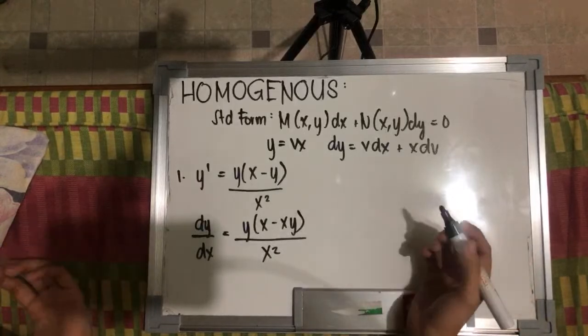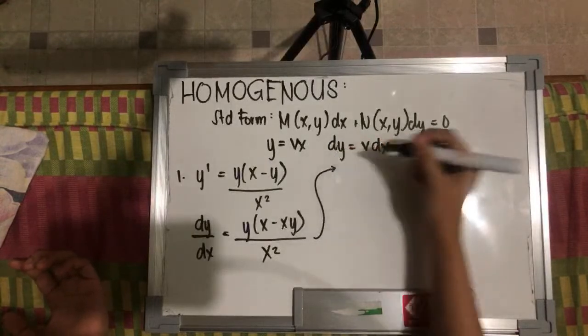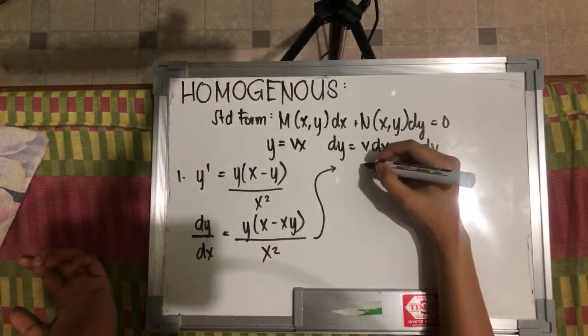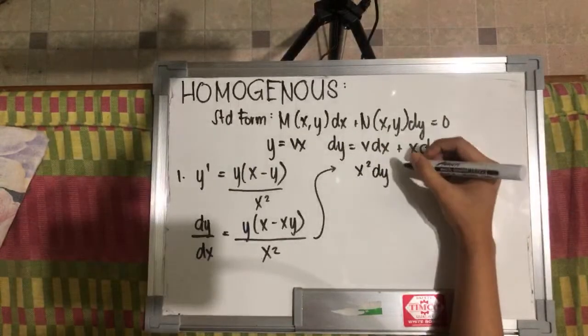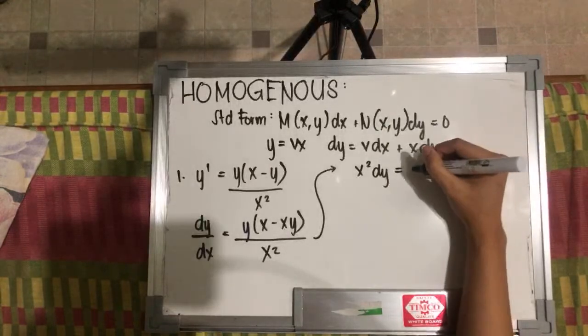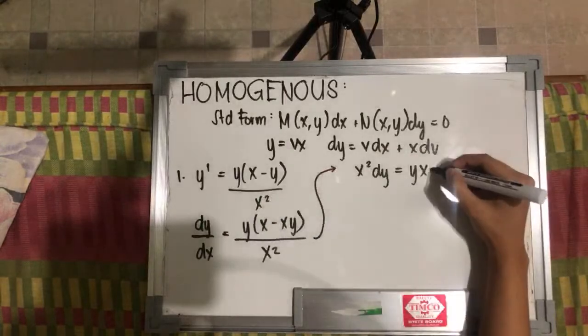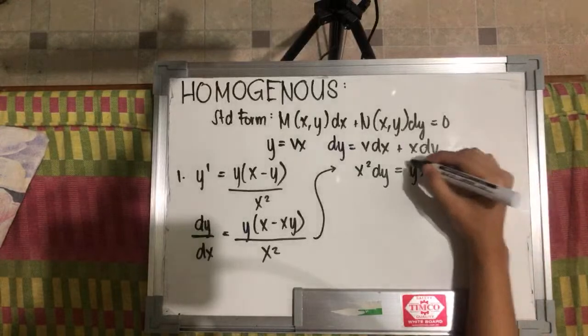So, simplify ko lang siya, gawin ko siyang straight line. Magiging x squared dy is equal to yx minus xy squared dx.